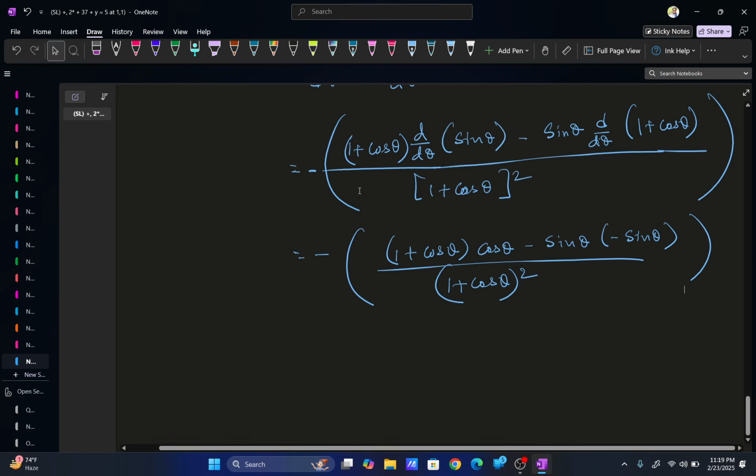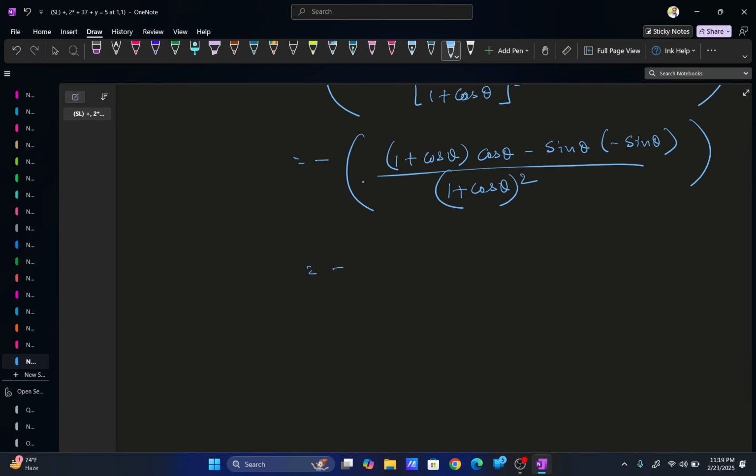Okay, so from this we're getting 1 plus cos theta whole square, cos theta plus cos square theta plus sin square theta.